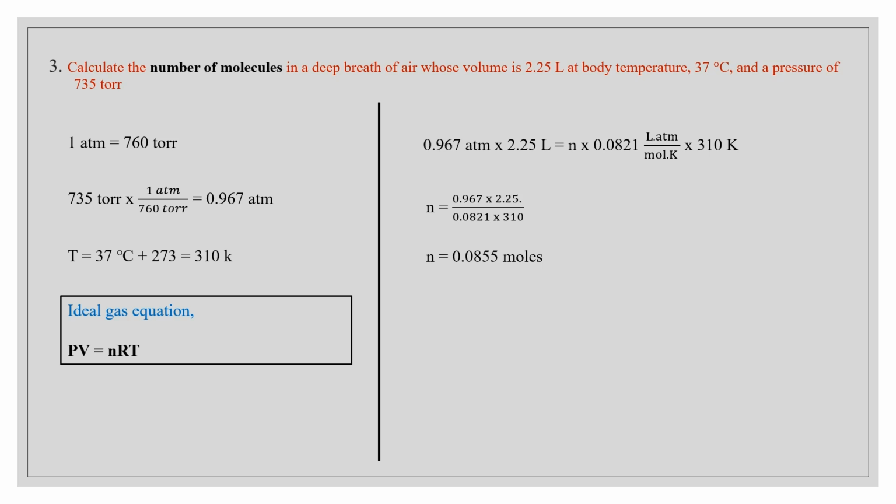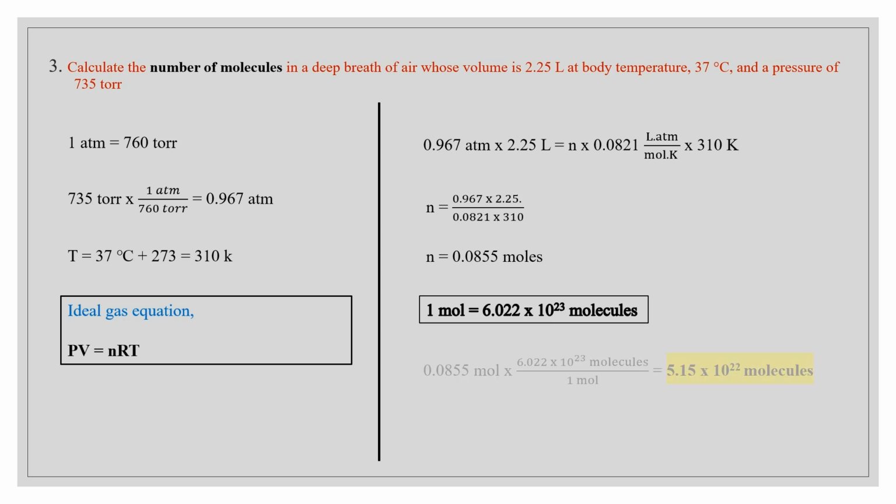But the question asks about the molecules, not the moles. You will know the connection between moles and molecules: 1 mole is equal to Avogadro's number of molecules. Avogadro's number is 6.022 times 10 to the 23 power. So 0.0855 moles is equal to 5.15 times 10 to the 22 molecules.